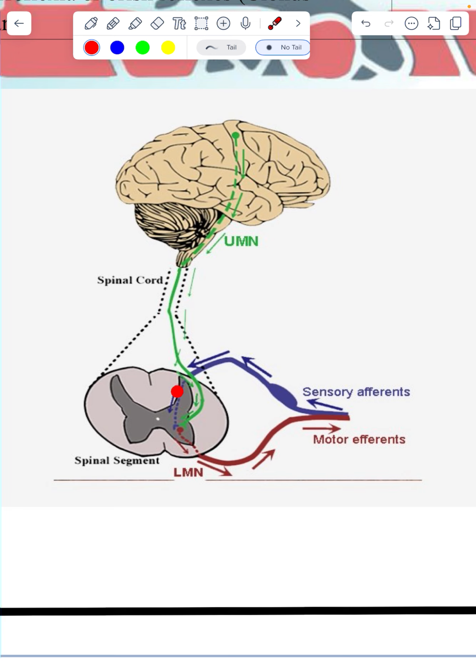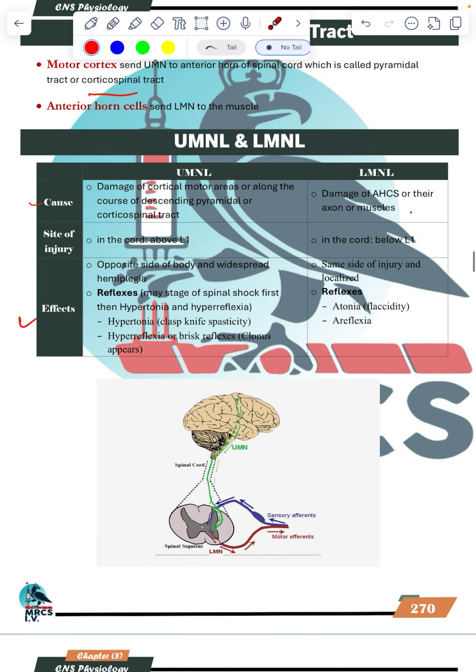Sensory is carried like this, crosses here, and goes up to the postcentral gyrus. This motor is coming from above. Any lesion here from above, the inhibitory action is lost, so this will cause direct action like this.